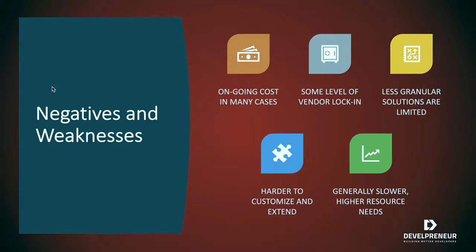You also are going to have some level of vendor lock-in. There are very, very rare cases where the code generators just generate pure, plain code in whatever language it is. More often than not, they're going to have some of their own libraries and reliance. They're going to rely on certain things. Maybe they have certain frameworks that they build on. And so there's vendor lock-in there.